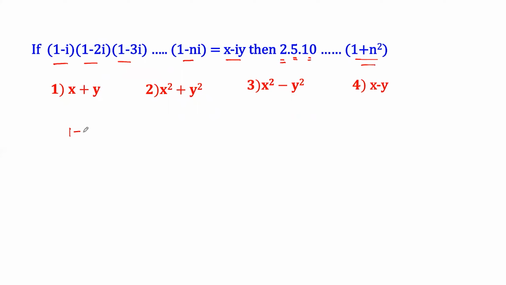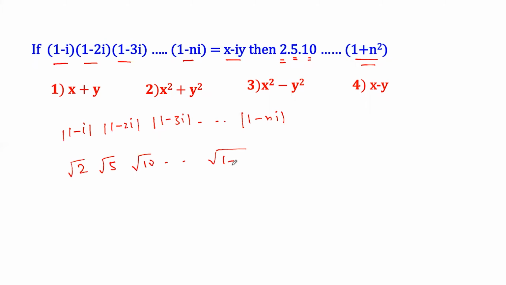We know that if I'm taking the modulus of every number given there, this number is coming as root 2, this number is coming as root 5, this number is coming as root 10, and this number is coming as 1 plus n square. Similarly, x minus iy, this will be the under root of x square plus y square. Squaring both sides, directly you are getting your answer, right?